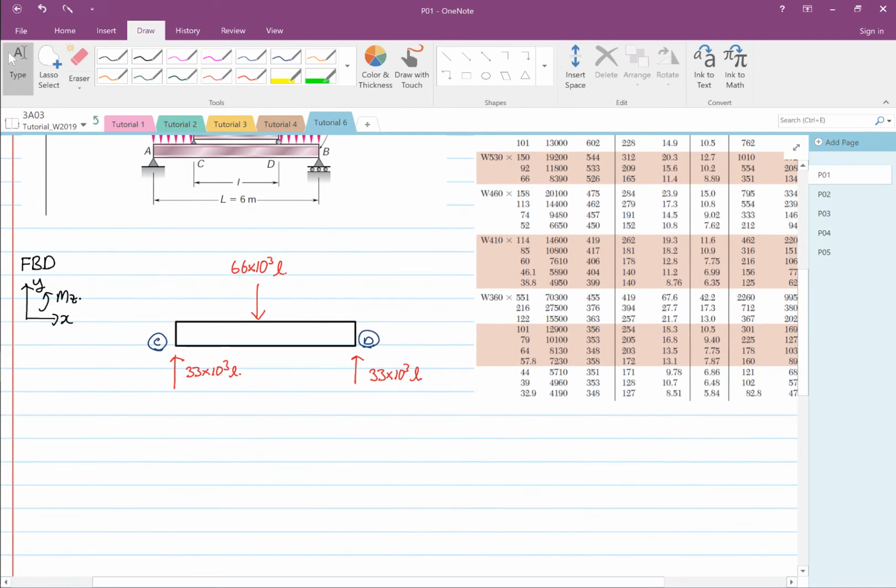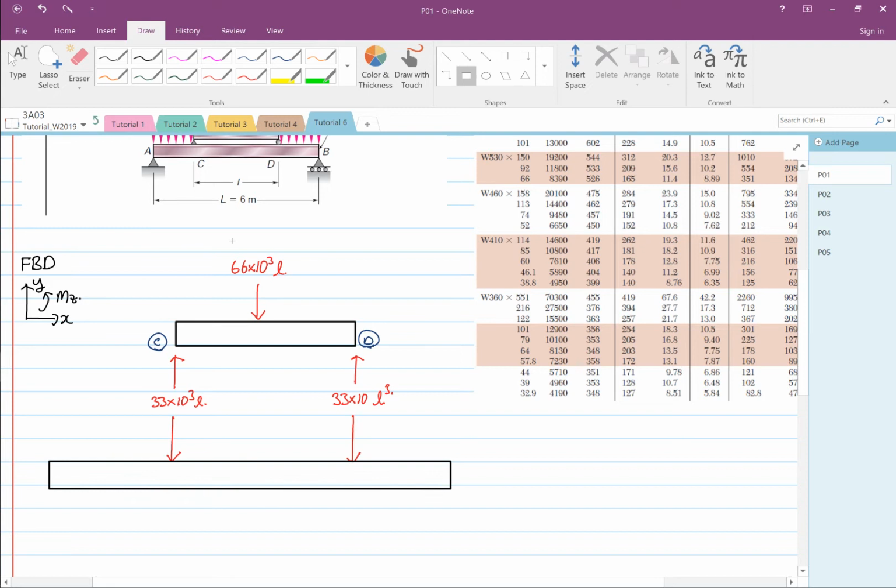Then we apply Newton's third law: action equals reaction, same in magnitude, different direction. So all these share the 33 times 10 to the power 3 L of point load. Then you have the lower part of the structure.